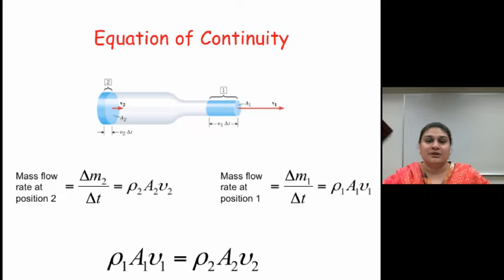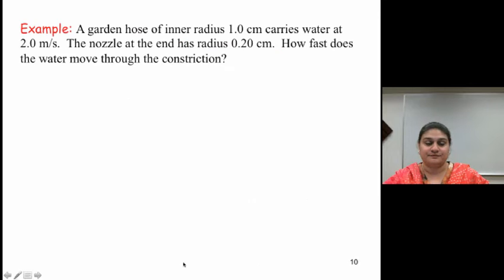In a nutshell, the equation of continuity is described in this slide: rho 1 A1 V1 equals rho 2 A2 V2, where rho, because it's not really changing, will remain the same. So velocity 1 and velocity 2 will be related by this expression right here.